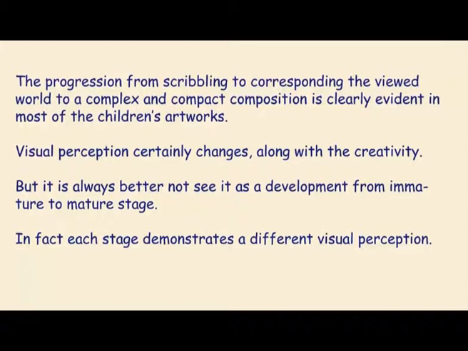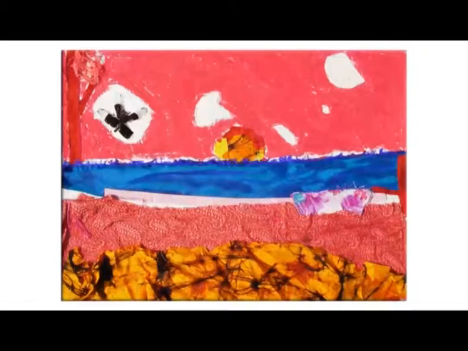of the children's artworks. Visual perception then certainly changes along with the creativity, but it is always better not to see it as a development from an immature to a mature stage. In fact, each stage demonstrates a different visual perception.